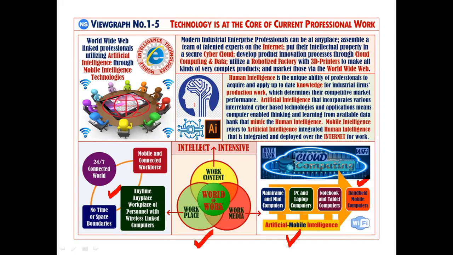Work content here is a combination of human intelligence and artificial intelligence. So I call that intellect intensive. And here we work: World Wide Web linked professionals utilize artificial intelligence through mobile intelligence technologies.